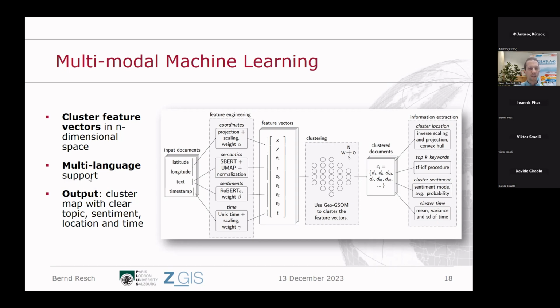Importantly, multi-language support is a big one here, because that's what we're strongly dealing with, especially in multinational disasters. We can basically shove in our text data in whatever language we have, and those two machine learning methods for the feature engineering process are able to deal with that.